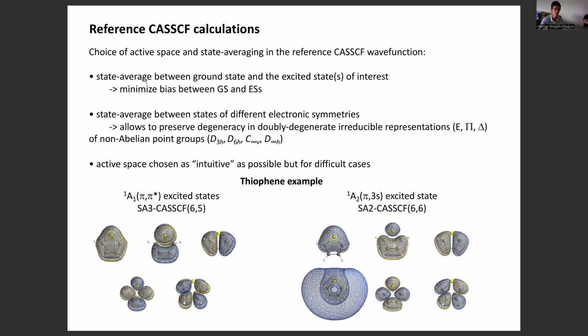This is to minimize the bias between the ground state and excited states. In this way, they share the same set of orbitals, so there is a consistent description of all the states at the CASSCF level. This means that we have state-averaged as well between states of different electronic symmetries, which is interesting in the case where we have doubly degenerate states in non-abelian point groups.